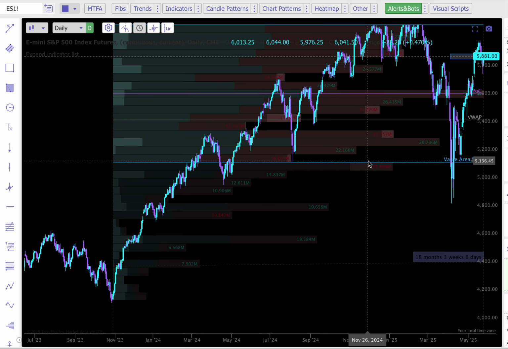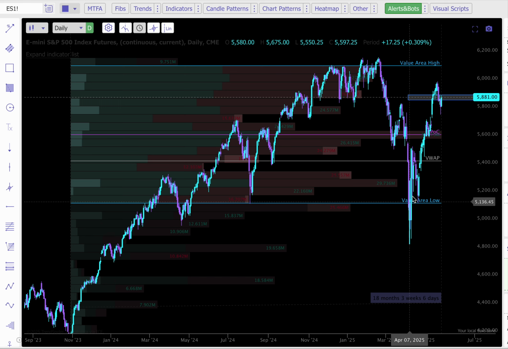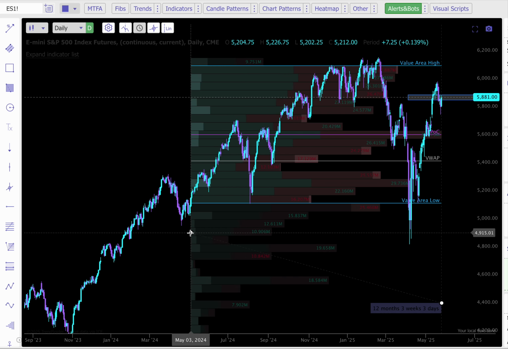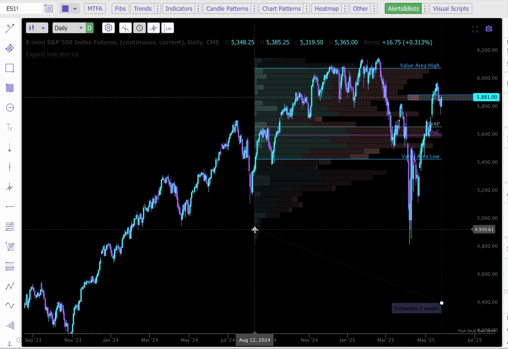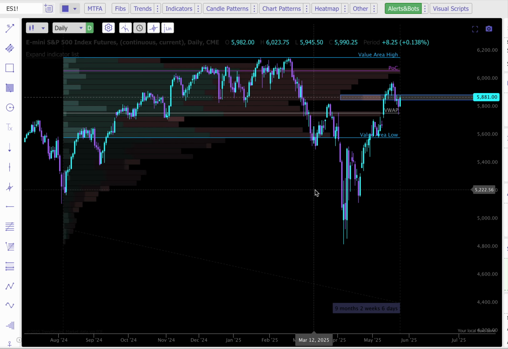You can see this value area low, 513 area, that's important. So there's always key levels throughout every point in history. It's just up to you figuring out which ones are most relevant to your trading and what you're doing. So for me right now, it's kind of right in this zone.